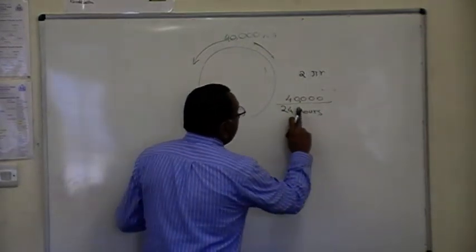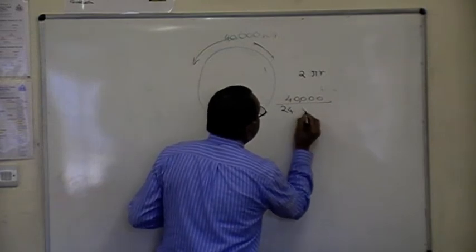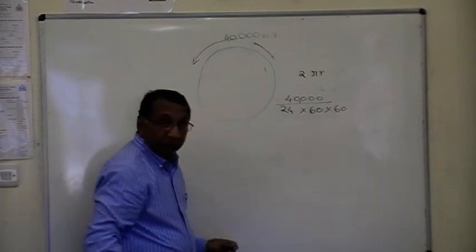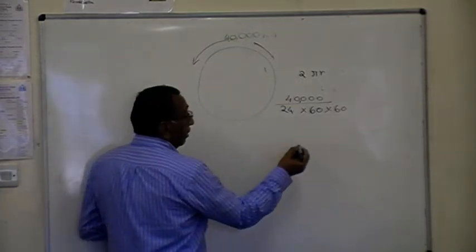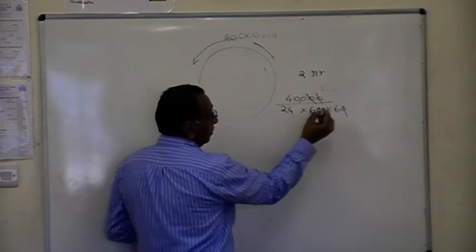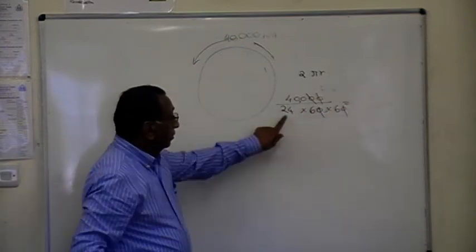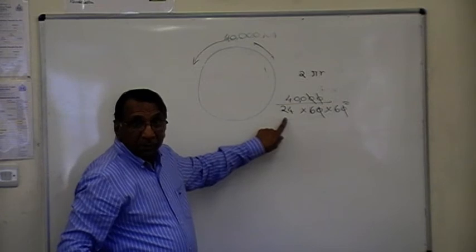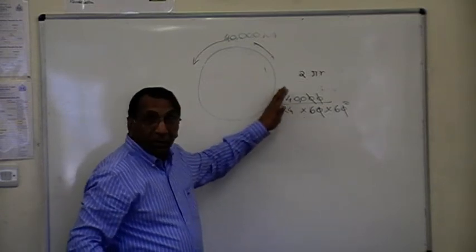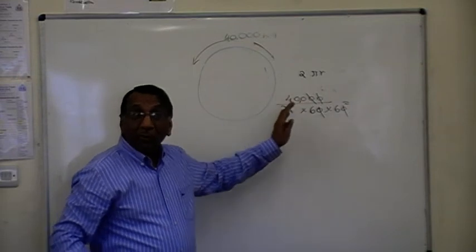So 24 hours we multiply by 60 minutes and multiply by 60 seconds. So what will we get as the answer? See, again it is coming with our old mathematics. How to calculate this?